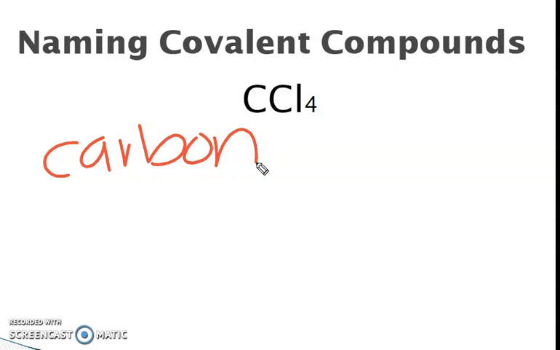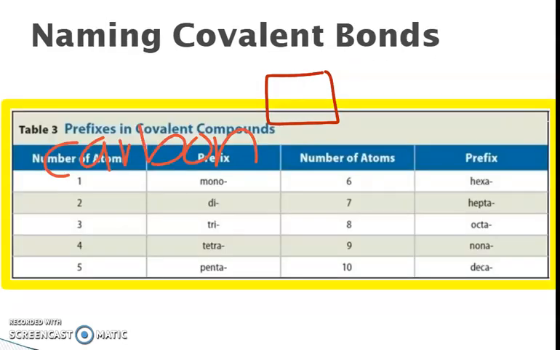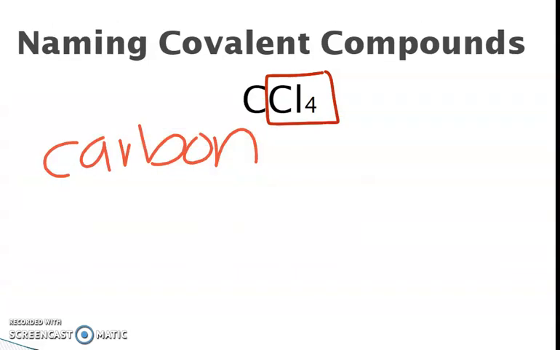Now, how many carbons do we have? We just have 1. But remember, guys, like we said a second ago, you don't use mono on the first element. So you only use mono on the second. Now, the next substance we have is chlorine. But how many chlorine do we have? We have 4. Now, if we look back at our chart real quick, 4 is tetra.